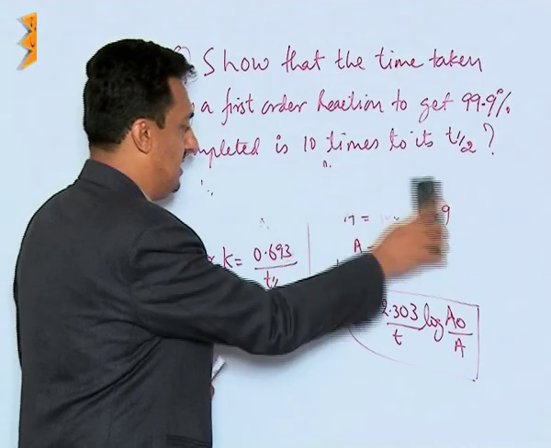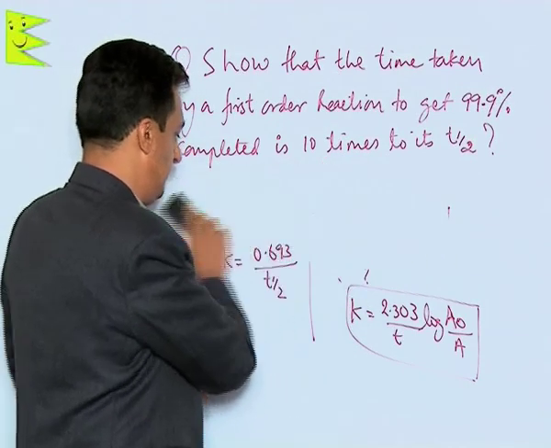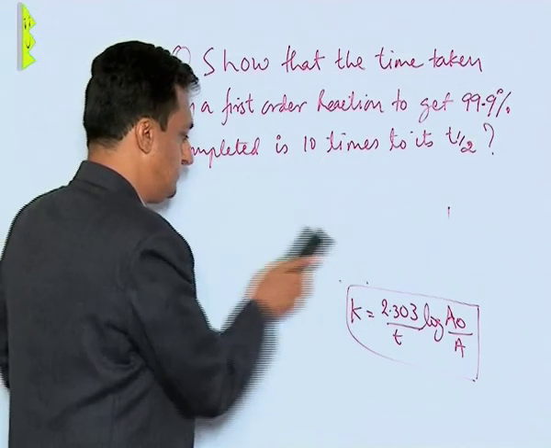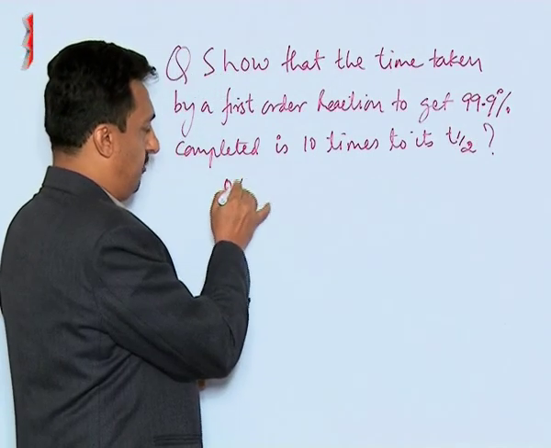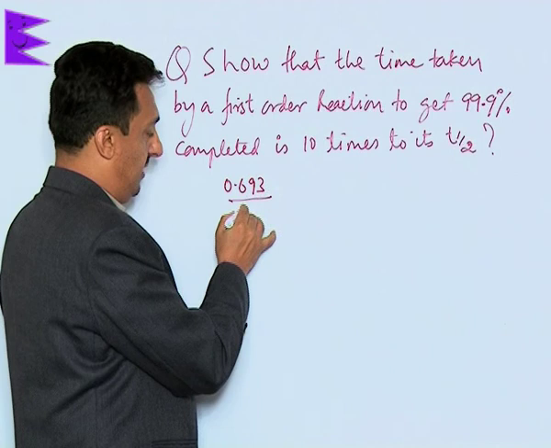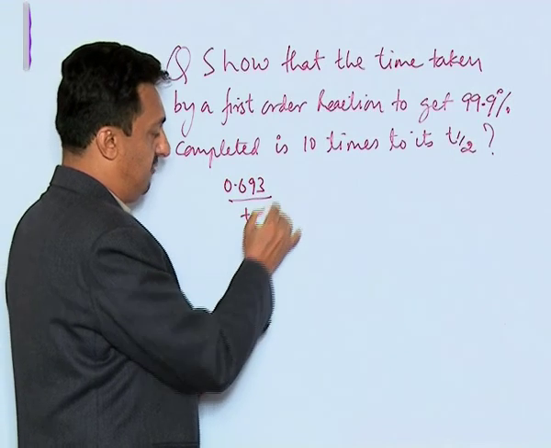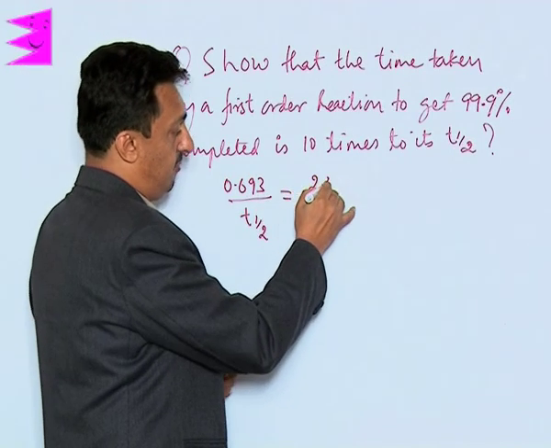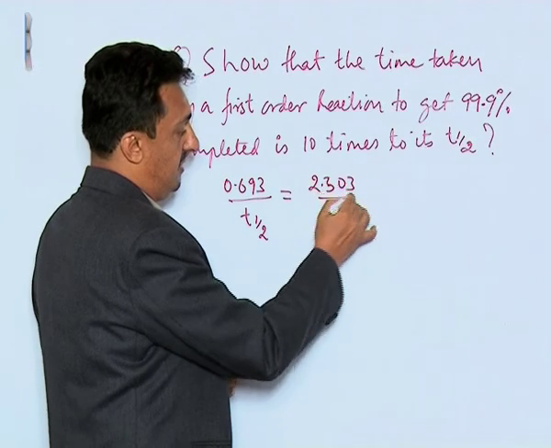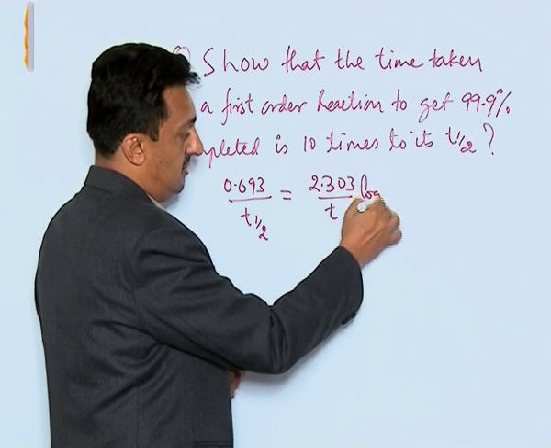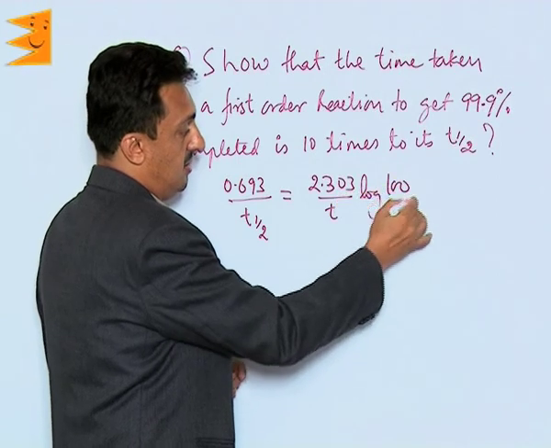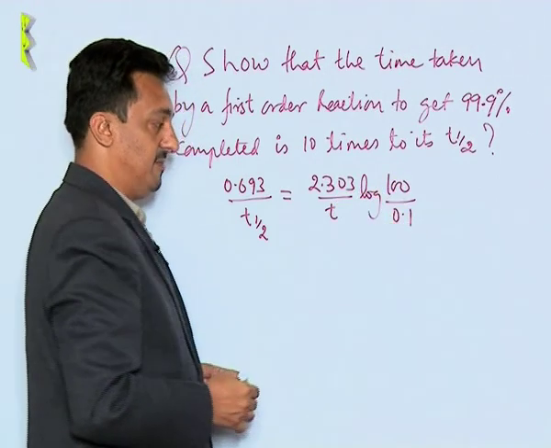Now this will become 0.693 by t half equals 2.303 upon t log 100 upon 0.1, the amount of reactant left.